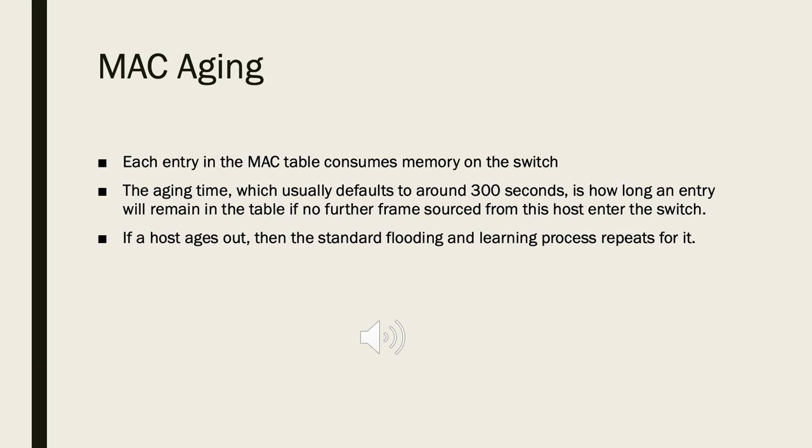The aging time, which usually defaults to around 300 seconds, is how long an entry will remain in the table if no further frames sourced from this host enter the switch. If a host ages out, then the standard flooding and learning process repeats for it.